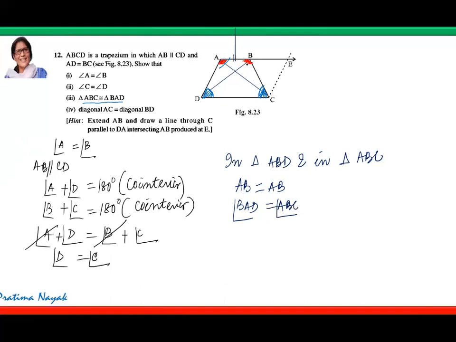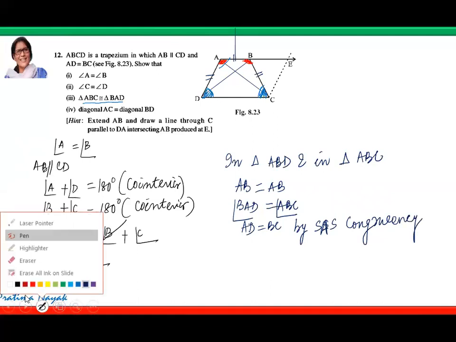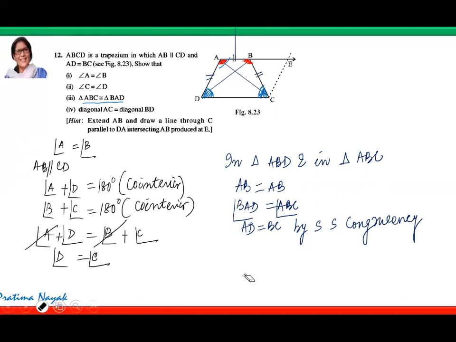Another, AD is equal to BC. So by SAS congruency, not SSS, triangle ABD is congruent to triangle ABC.